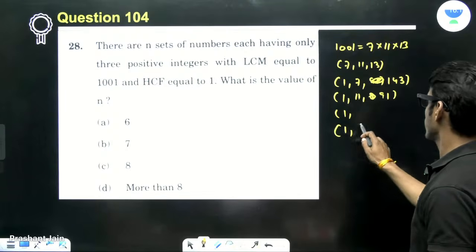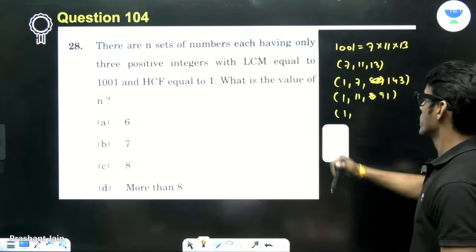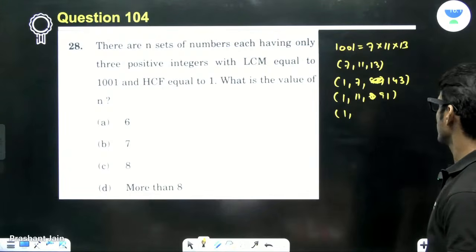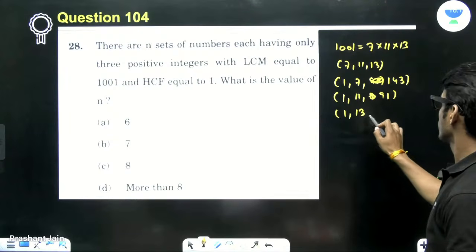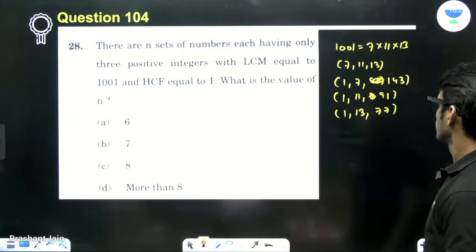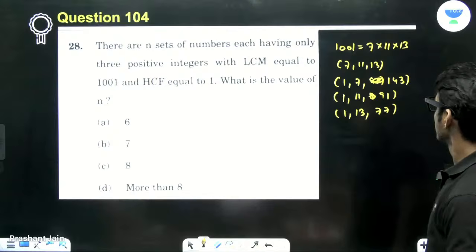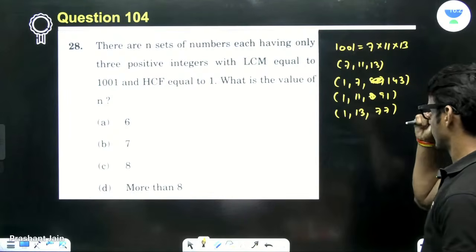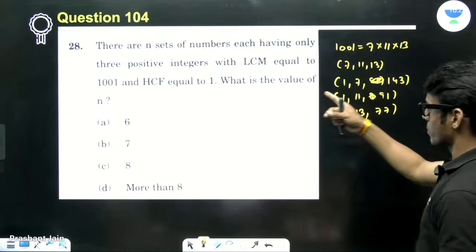Oh no, 3 distinct integers is asked. So 7, 143, 11, 91, 13, 77. These are the 4 possible ones. Everywhere LCM is 1001.